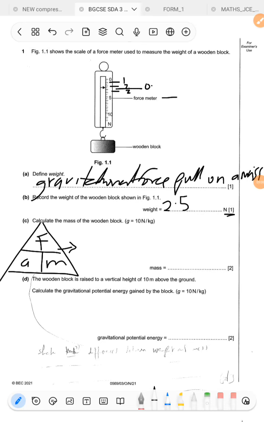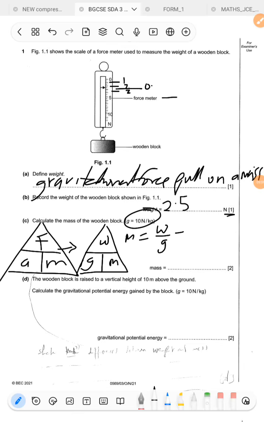So the force is weight, the acceleration is g, and mass is mass. What are we looking for? We are looking for the mass. So mass is equal to weight over acceleration due to gravity.